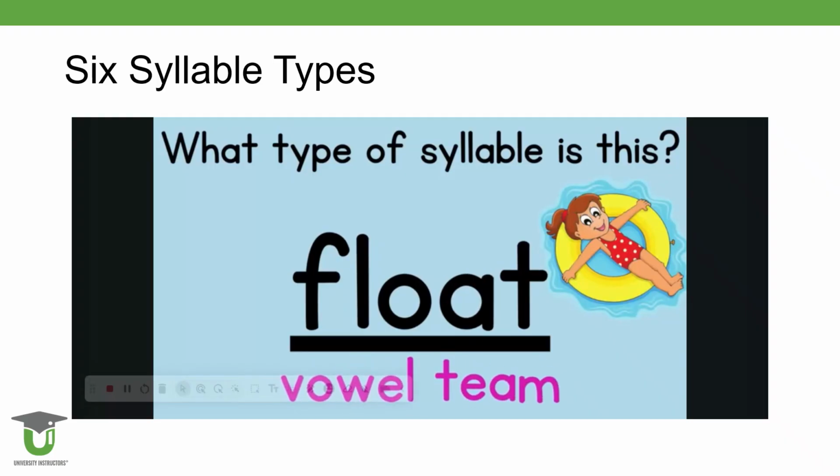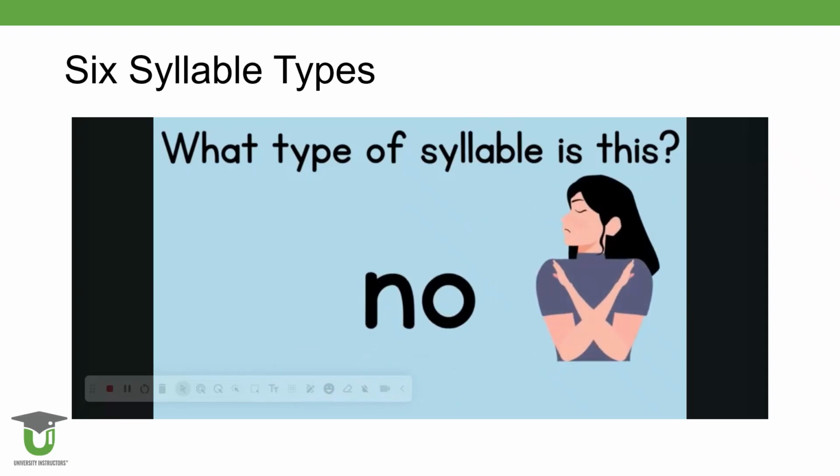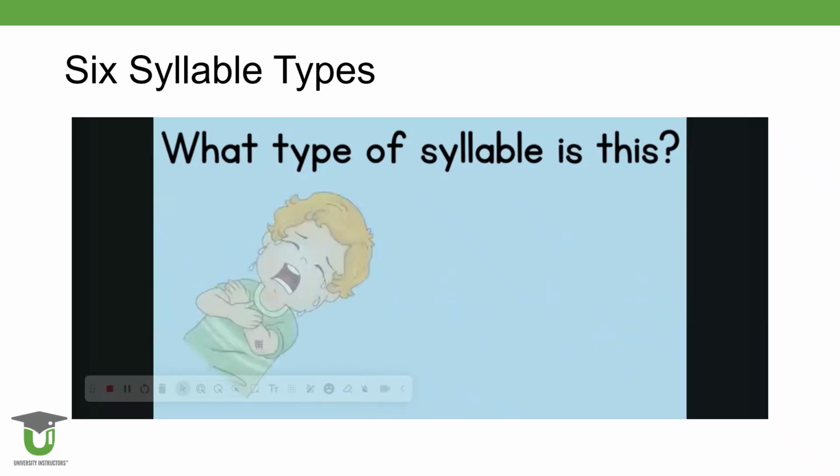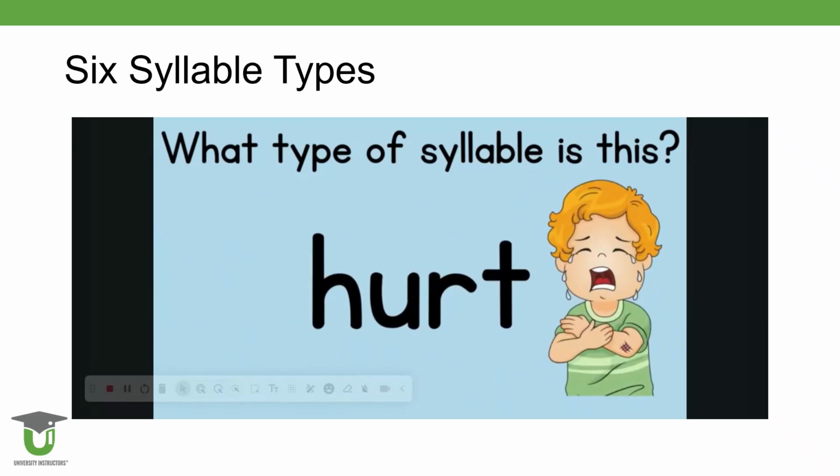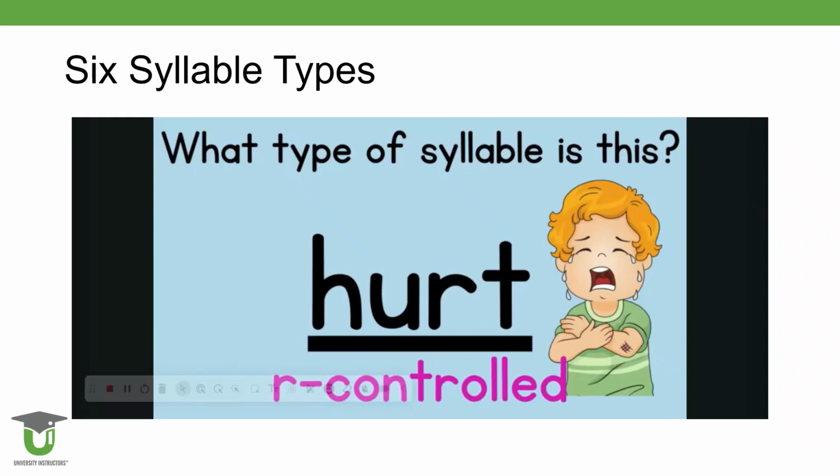Vowel team. We've got the O and the A together. What kind of syllable is no? That one is open. It has the O at the end, saying its name. How about hurt? Hurt is an R-controlled syllable.